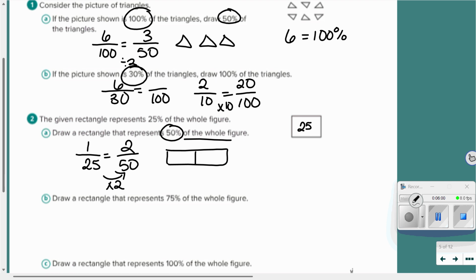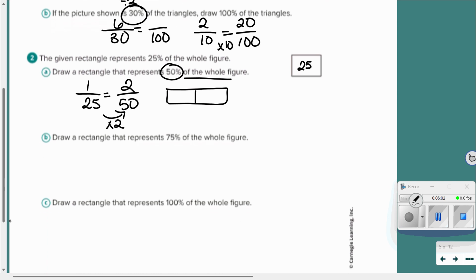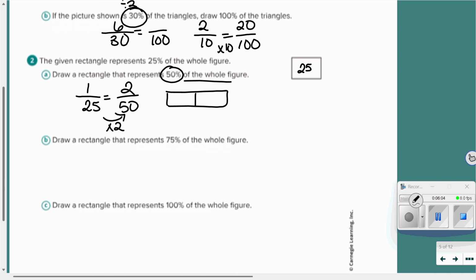All right, then it says, draw a rectangle that represents 75% of the whole figure. Well, what was 25% of the figure? How many was 25%? 1 was 25%, and we're going to 75%. So what am I doing? By 3.